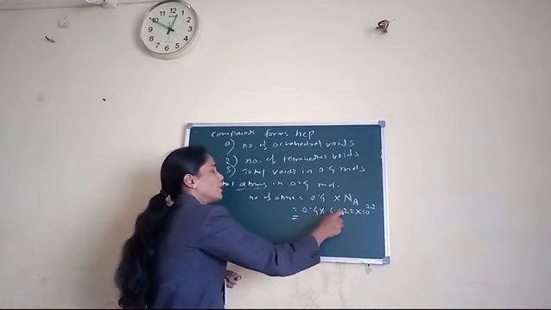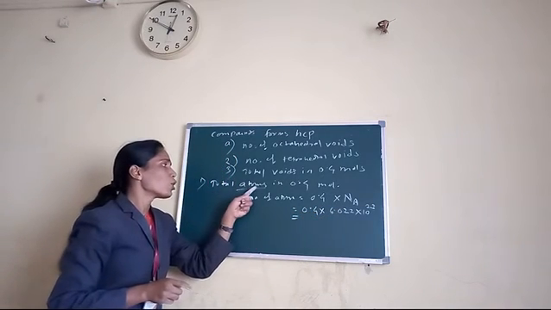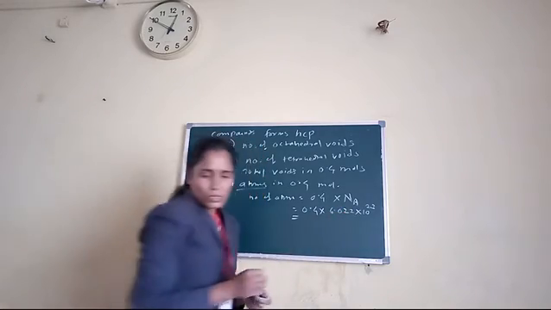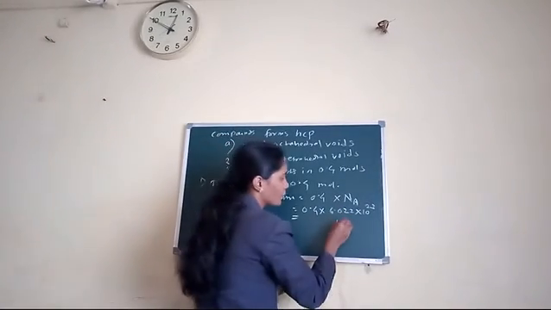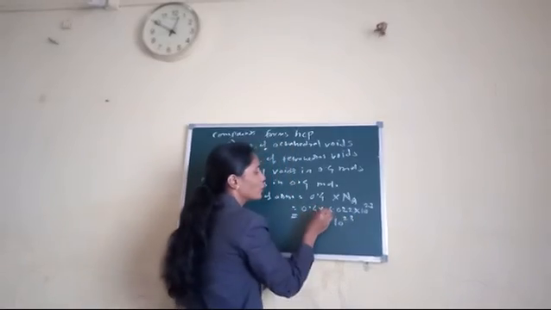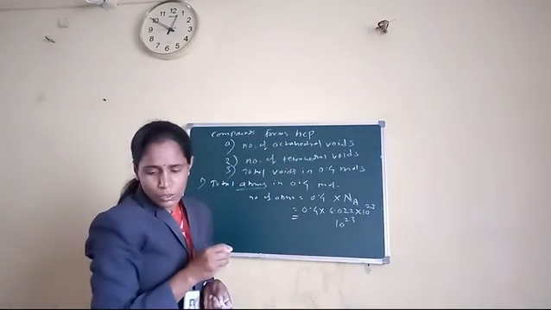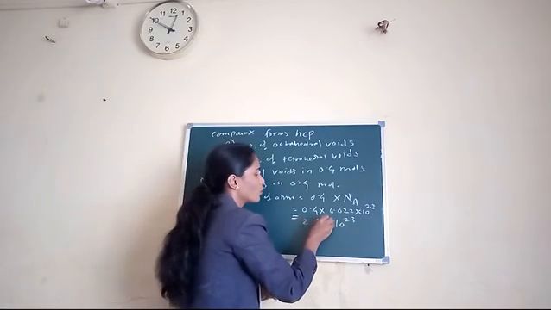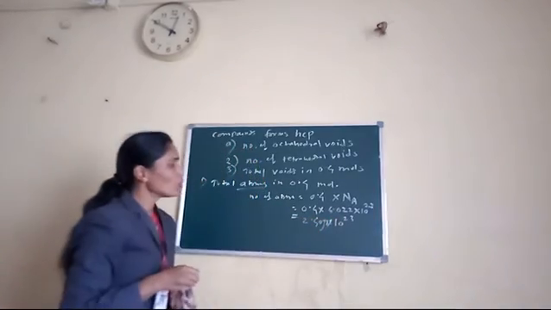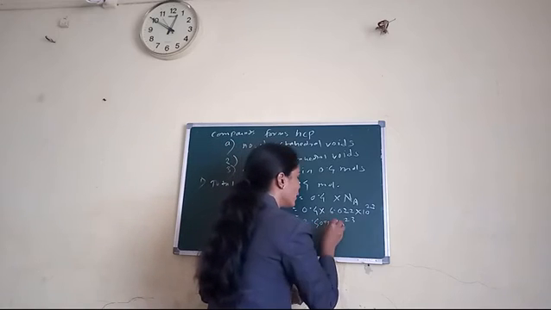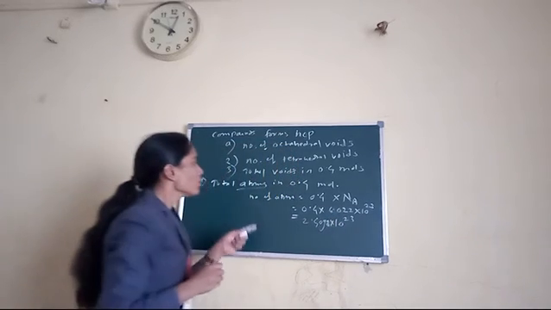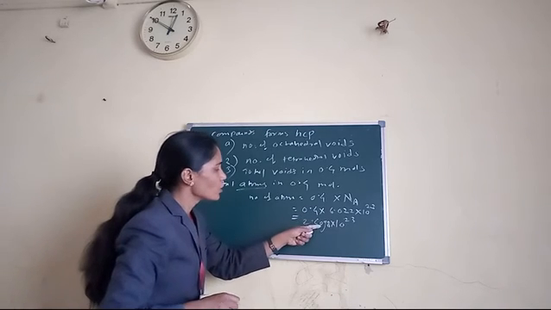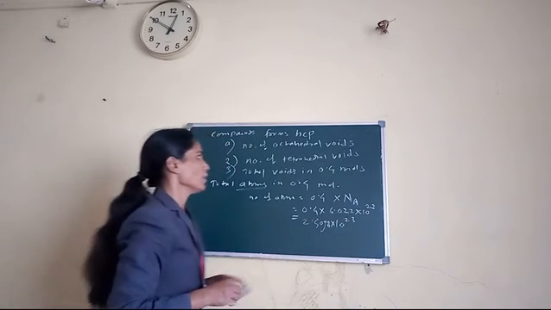By multiplication, we get the total number of atoms in 0.4 mole of substance: 0.4 into 6.022 gives 2.4098 into 10 raised to 23. So in 0.4 moles the number of atoms is 2.4098 into 10 raised to 23.